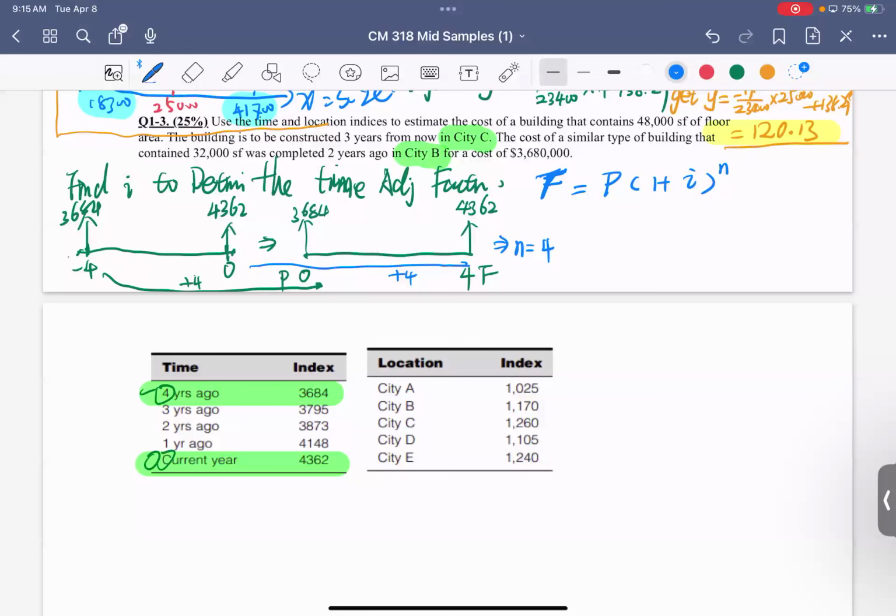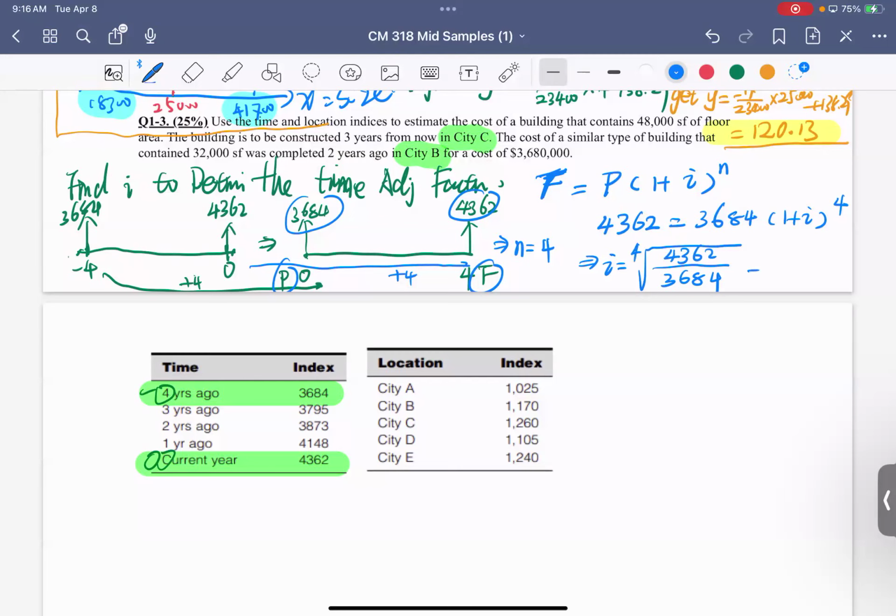We can put in the numbers here. This is your P and this is your F. So you have 4362 equal to 3618.4 times (1 plus I) to the power of N, where N here is 4. Does that make sense? So you will get I equal to the fourth root minus 1.